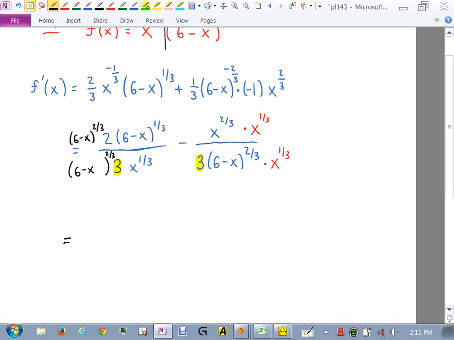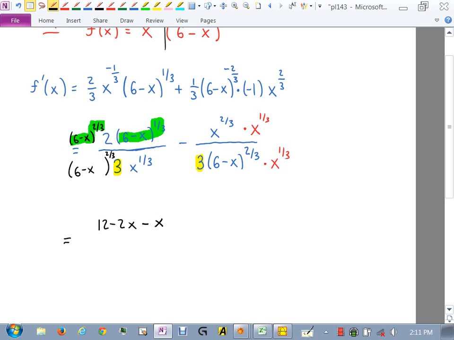Okay, so putting this together with this, I get just 6 minus x. But then times 2, because there was a 2 there. So 12 minus 2x. That's going to be over the common denominator, right? Minus this, but this was just what? X. So how about I put these together now?